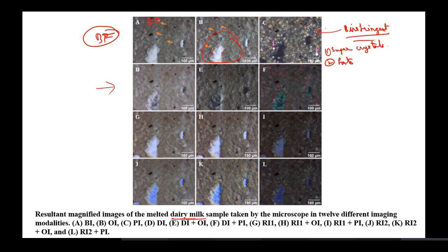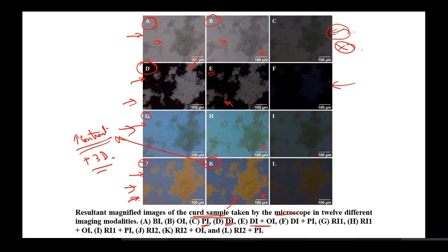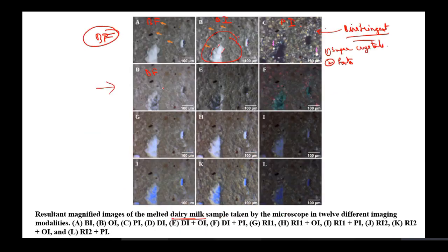So this is the bright field. This is your oblique illumination, and this is the polarizing illumination. Okay. Similarly, this is for the dark field illumination. Now, in the previous slide, our background was quite dark. However, over here, while analyzing the chocolate, the dark field illumination did not have much effect. Okay.